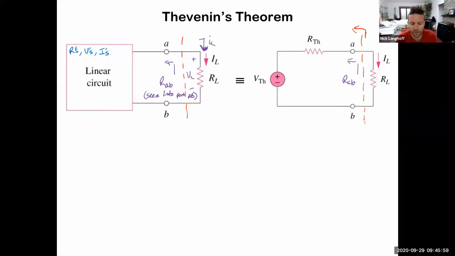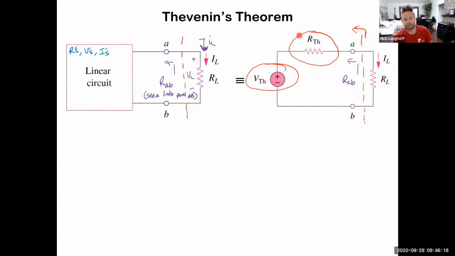What the load sees is it just sees there's some source of electric pressure, some voltage source, which, as we'll discuss today, we're going to call V Thevenin, in series with some resistance, R Thevenin.